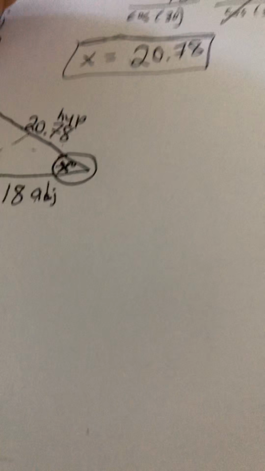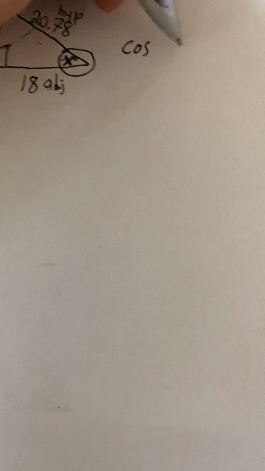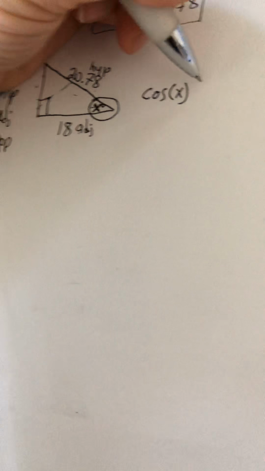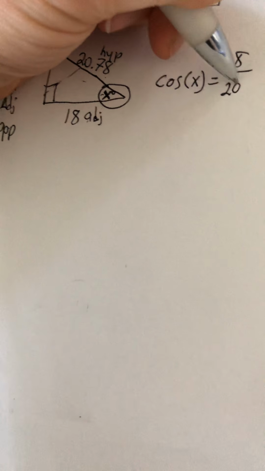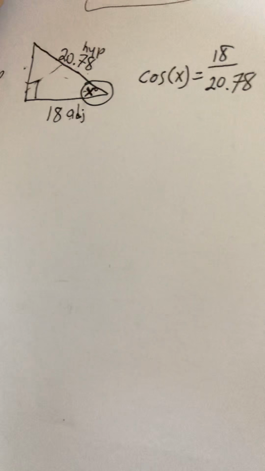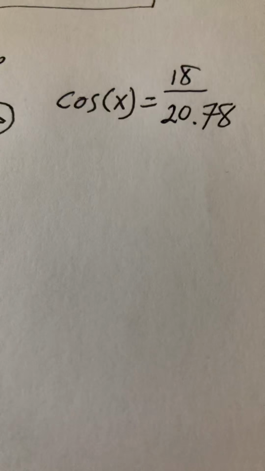So we'll set our problem up the same way. Cosine of our angle, we're gonna put the x in there for the angle because that's what we got, equals our adjacent over our hypotenuse. Okay, so here's what we got.